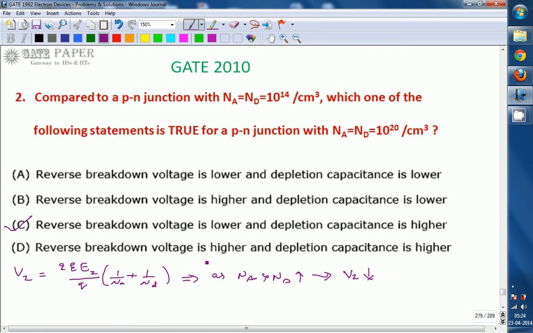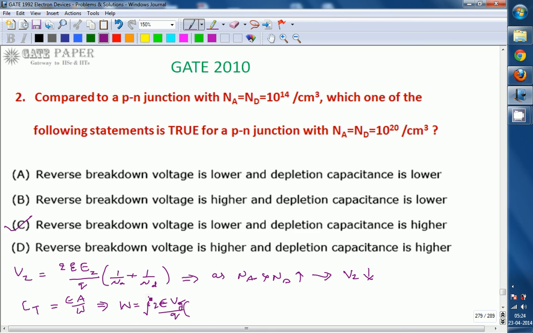Second is depletion capacitance. Depletion capacitance is also called transition capacitance or space charge capacitance, which can be given in this way: epsilon A by W. W is the width of depletion region, which is given as the root of 2 epsilon VA divided by Q, where VA is the applied voltage, or you can write it as Vj, the junction voltage.